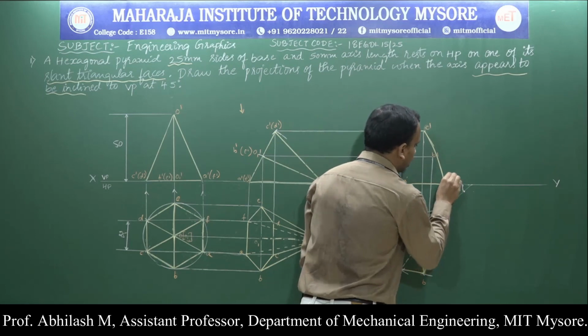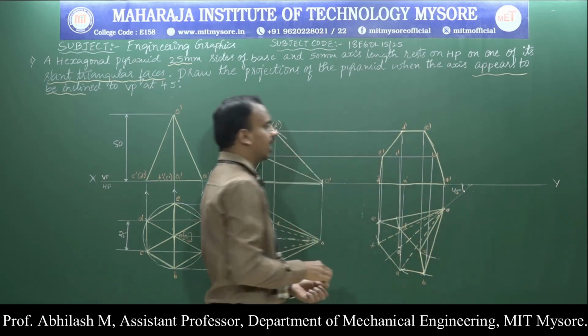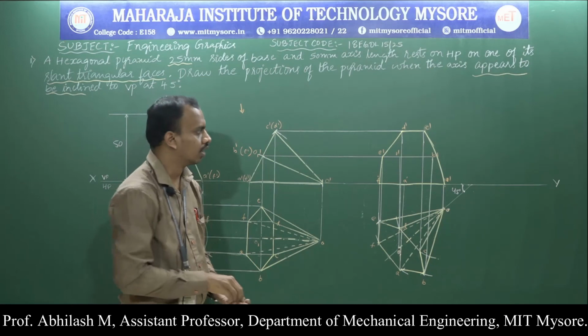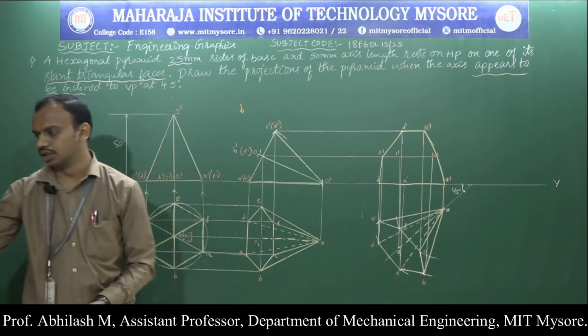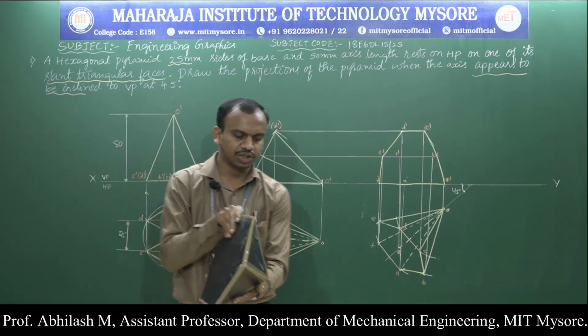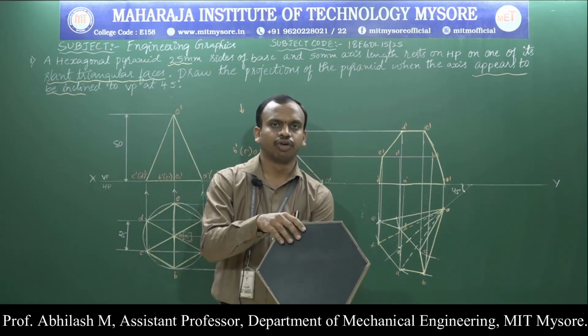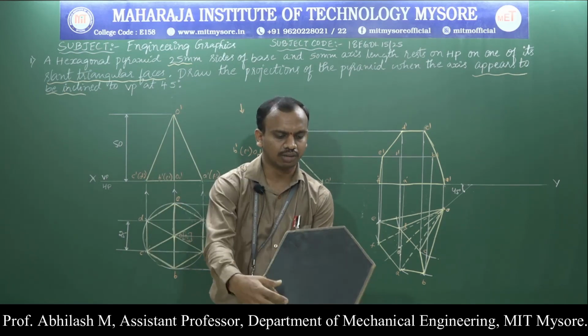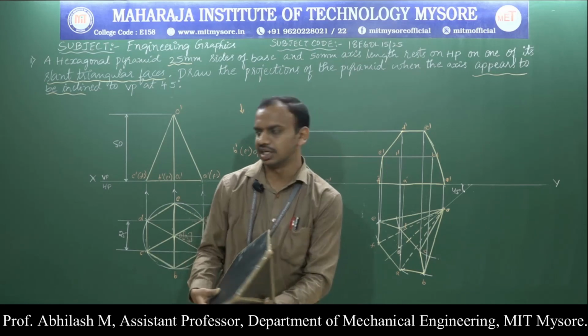So these are all the outer edges which are completely visible. Then we are supposed to apply the condition such that it was resting on xy, now it has been kept at an angle of 45 degrees, so the observer can clearly see all the base edges.